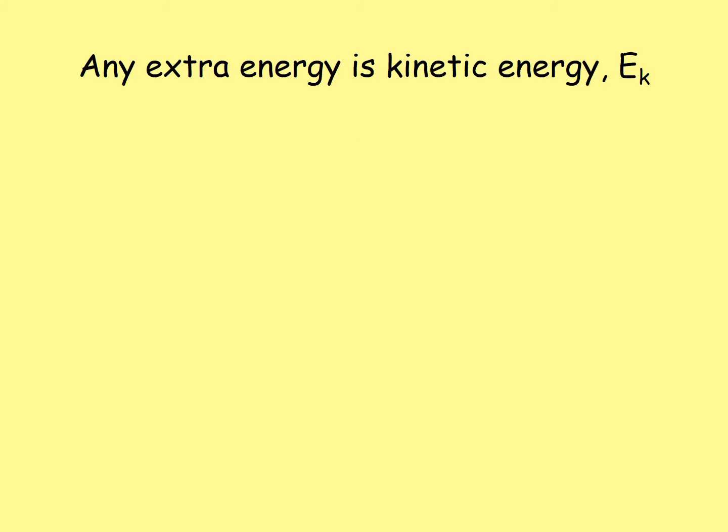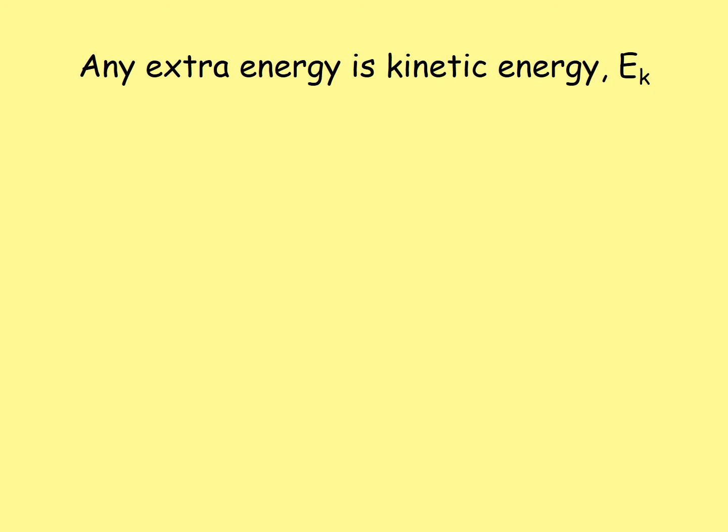Now let's assume we have a photon of light. The frequency of that photon is greater than the frequency threshold for that particular metal. Where does the extra energy go? The photon gives the energy it has to the electron to release it from the surface, but it still has more energy to give.